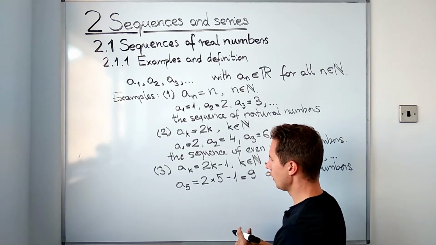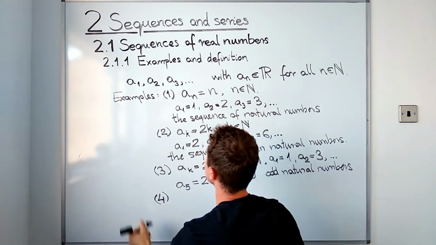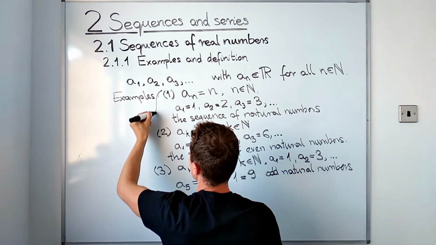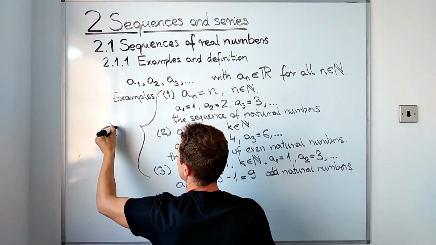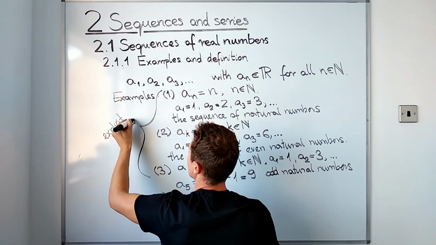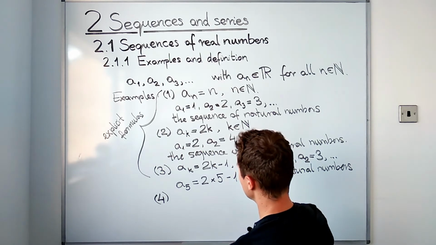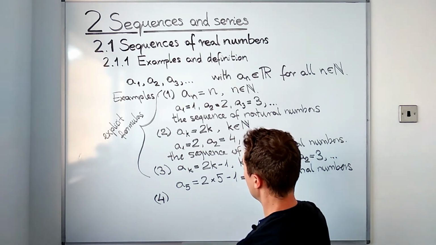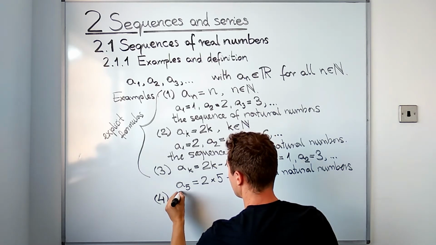Okay, let me give you an example of a sequence which is not explicitly defined. I shall maybe make a note here. So these are explicit formulas. And I shall give you an example of a sequence which is not explicitly defined. You have all probably seen this sequence.